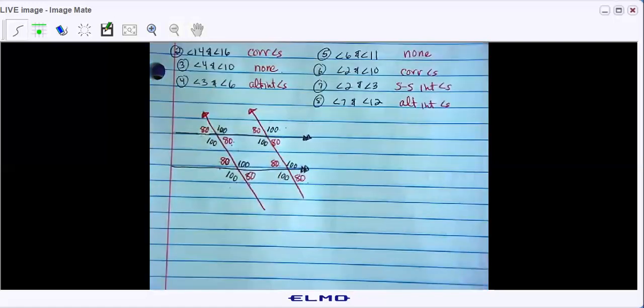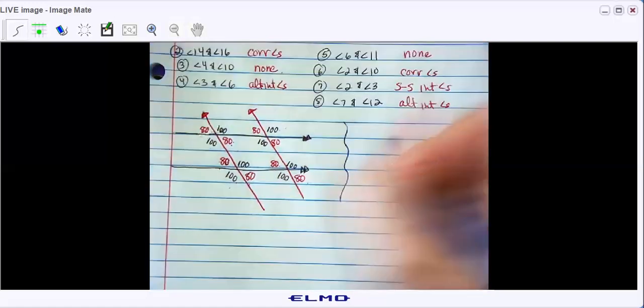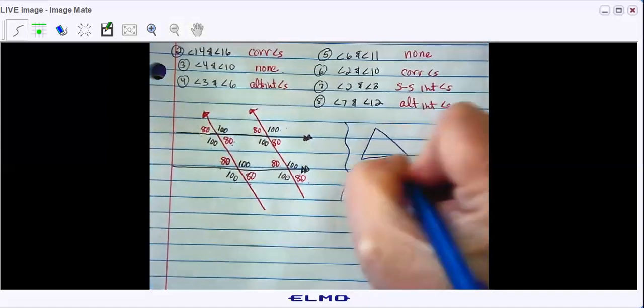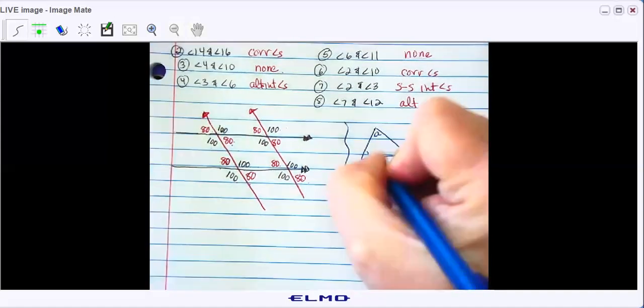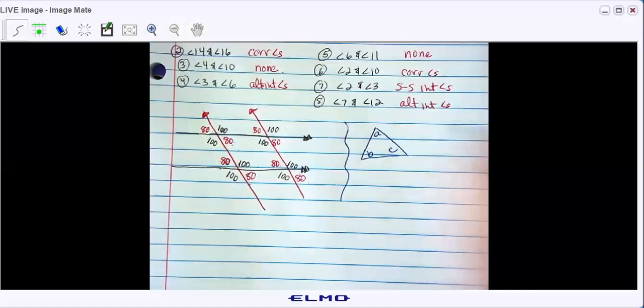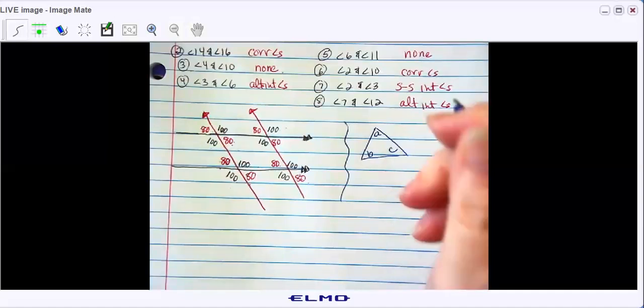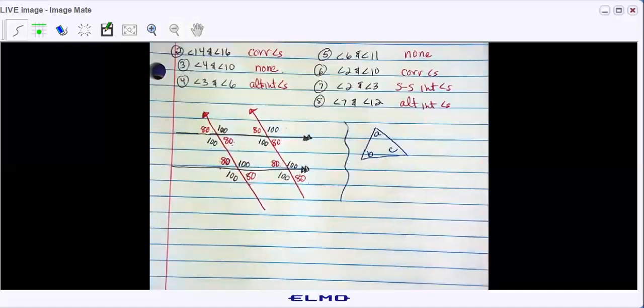Another thing that you're going to need to know for your assignments, the three angles of a triangle. Anybody remember what the inside angles of a triangle have to add up to be? You may not, but you may have covered it in pre-algebra or math 7.